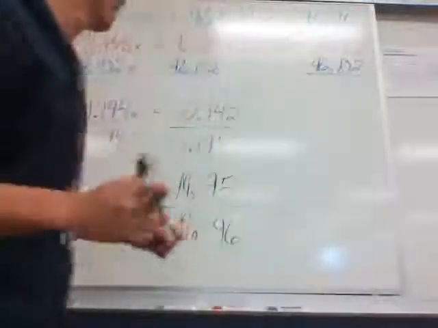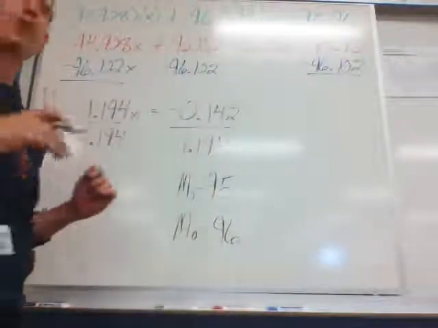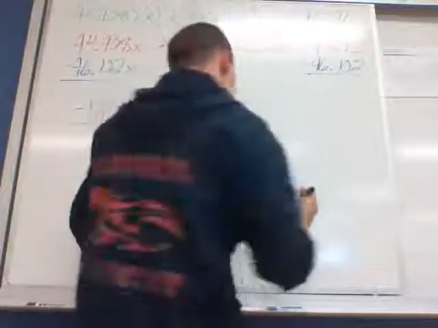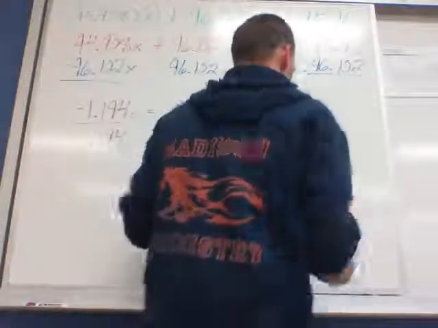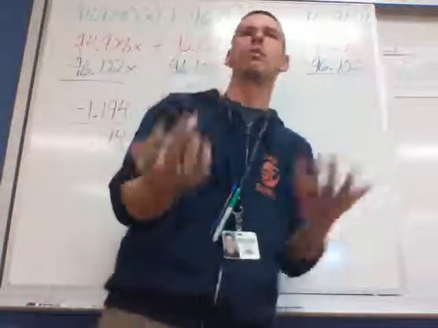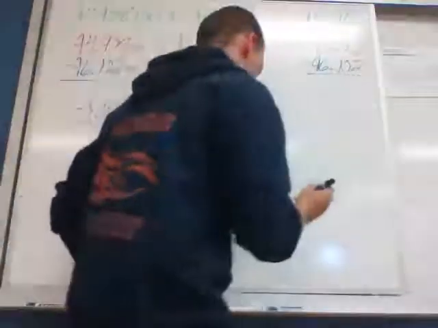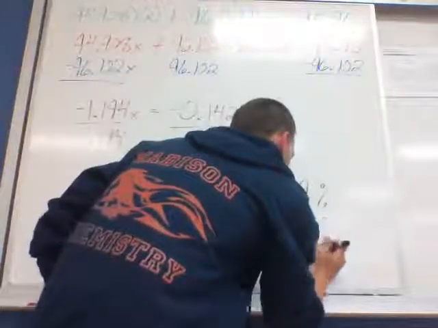What did you get for the percent abundance of MO 95? 11.8%. I get 11.9% if you round better. All right, it's at 11.89 is what your calculator said, so it bumped it up. What did you get for the other percentage? Perfect. Hey, you adjusted. I like it.